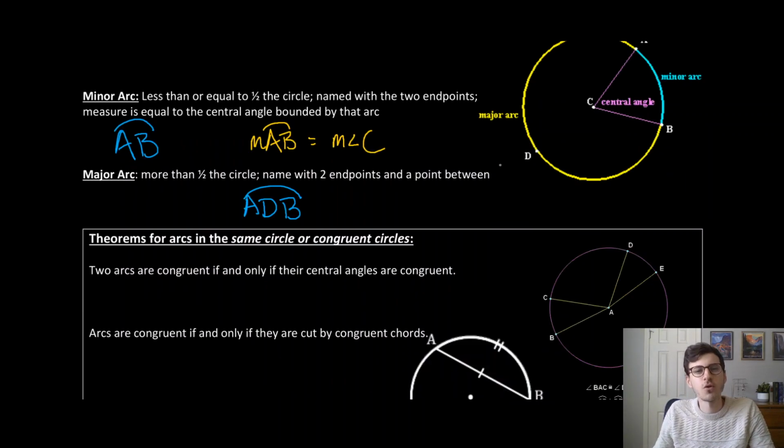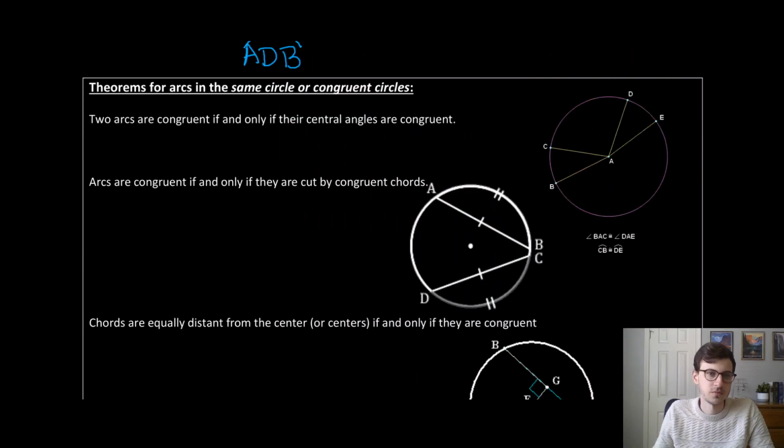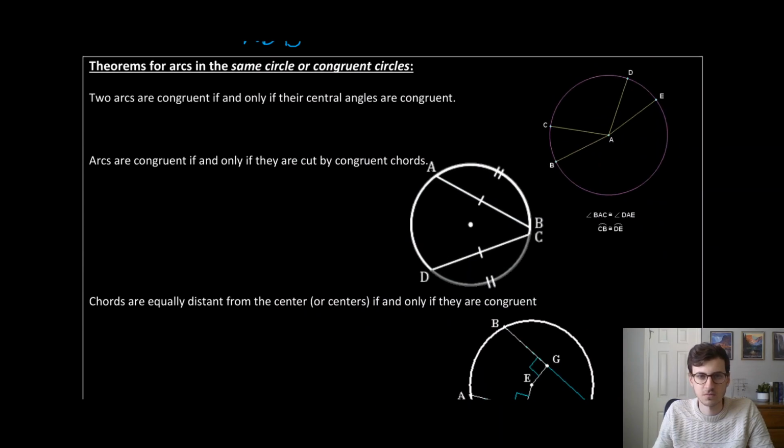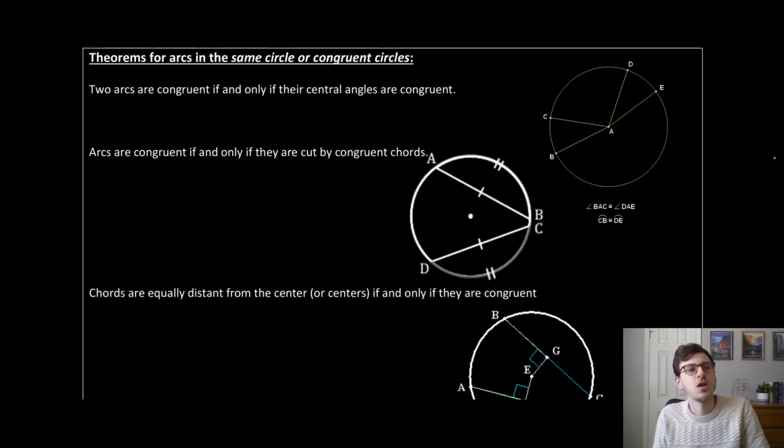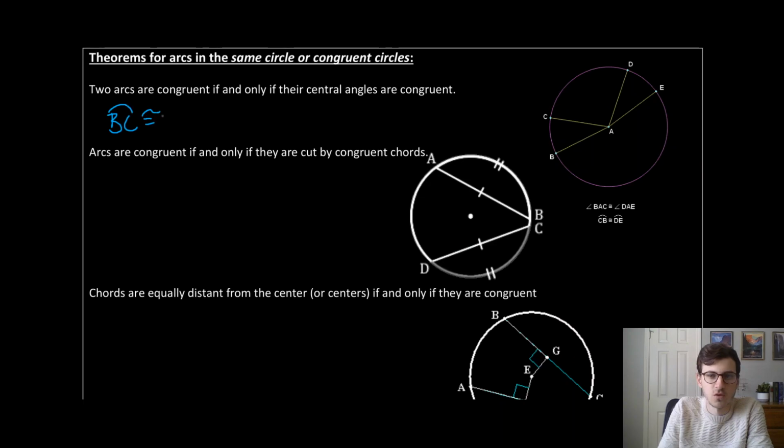Let's talk about a few theorems that involve all of this stuff. Okay, two arcs are congruent if and only if their central angles are congruent. So these go both ways. Maybe even you could call them definitions. So two arcs are congruent, meaning we would say arc BC is congruent to arc DE, right?